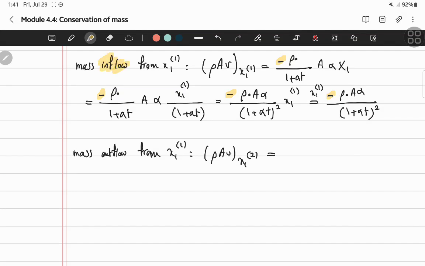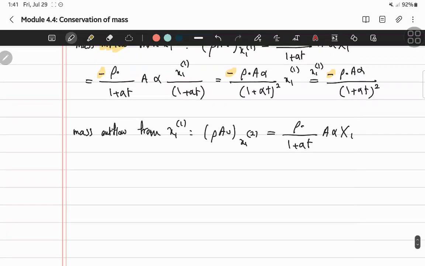So at x1,2 we have rho 0 over 1 plus alpha t, A alpha x1, and it is basically the same, but instead of x1,1 we have x1,2, which is 3. So we will have 3 rho 0 A alpha divided by 1 plus alpha t squared.